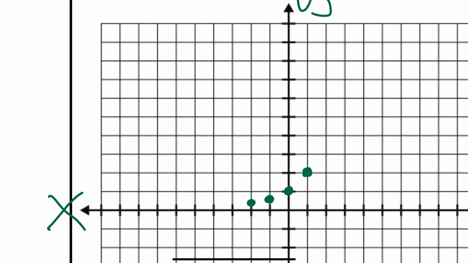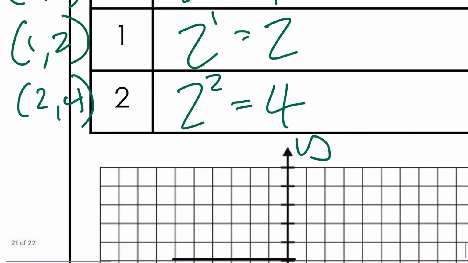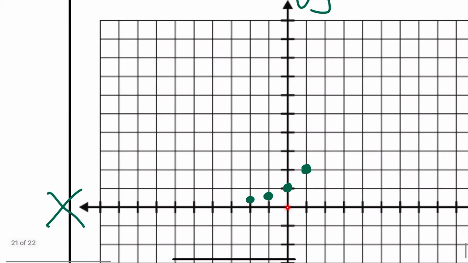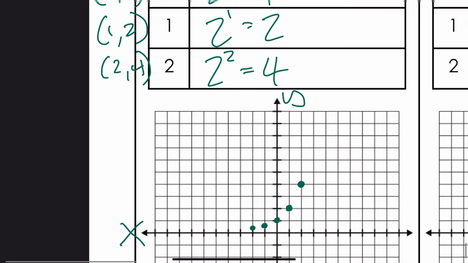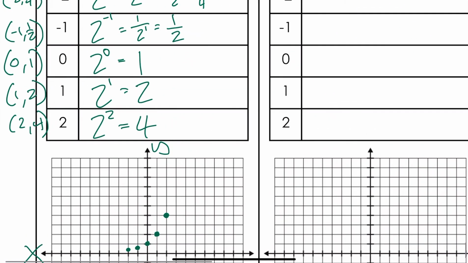And then the last one is 2, 4. So I'm going to go over 1, 2, up 1, 2, 3, 4 right here. All right. So that was all of the points that I had in my table.